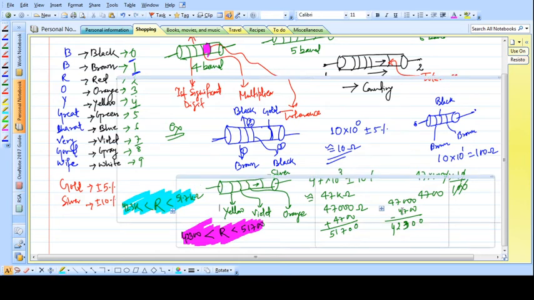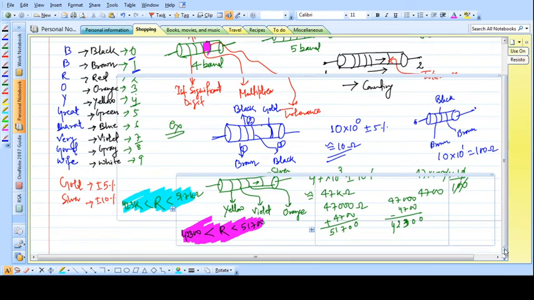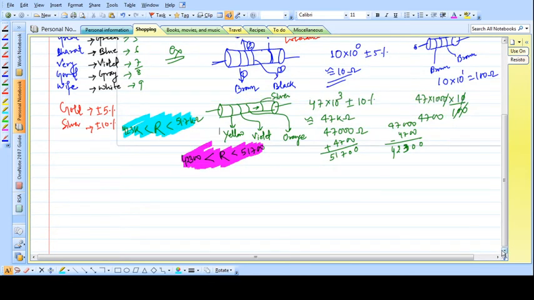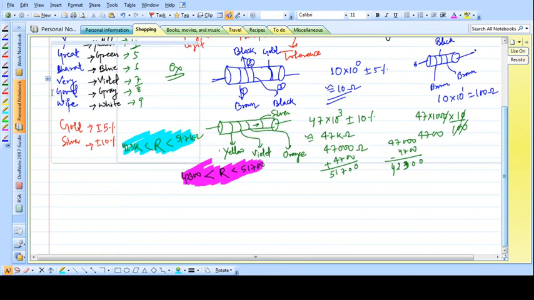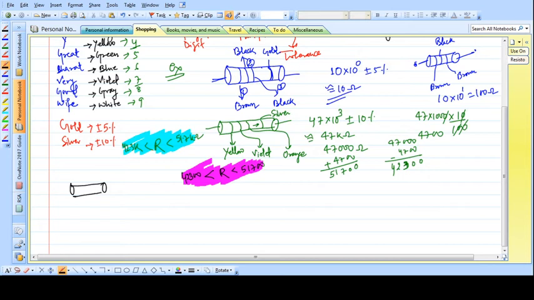Okay, one more very simple example for the 4-band case. Again I am taking the simplest example. Suppose we have red, red, and brown. The first is red, again red, and the third is brown.